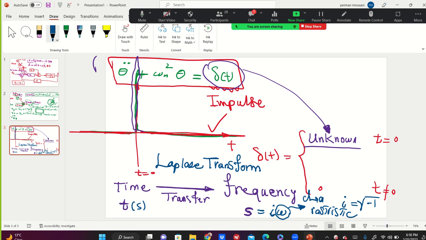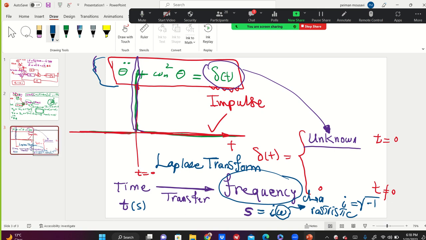So you have to transform this differential equation to the frequency domain through the Laplace transform, and we go from there, by the next class, to the domain of frequency to solve this equation.